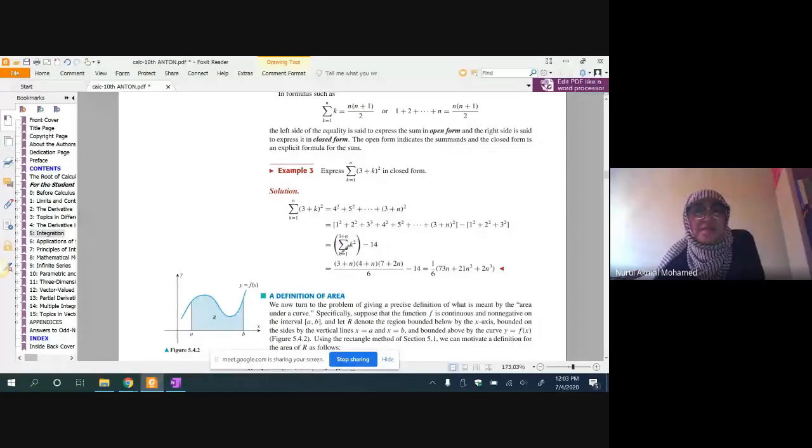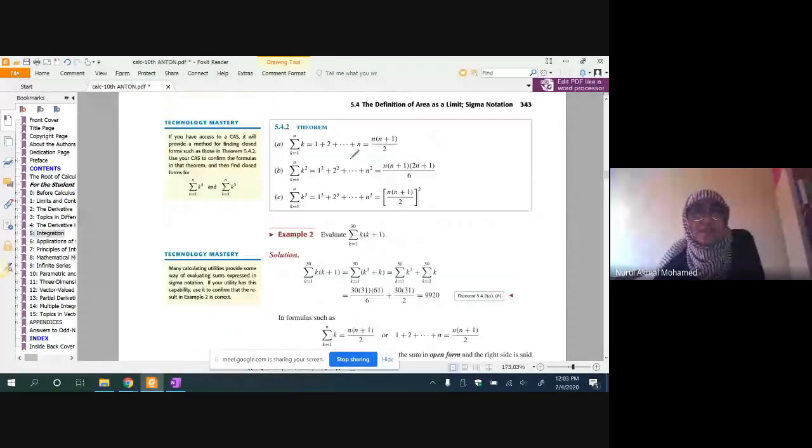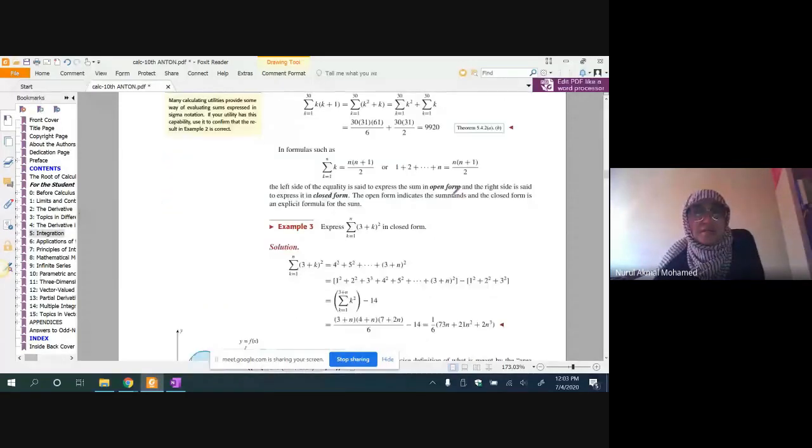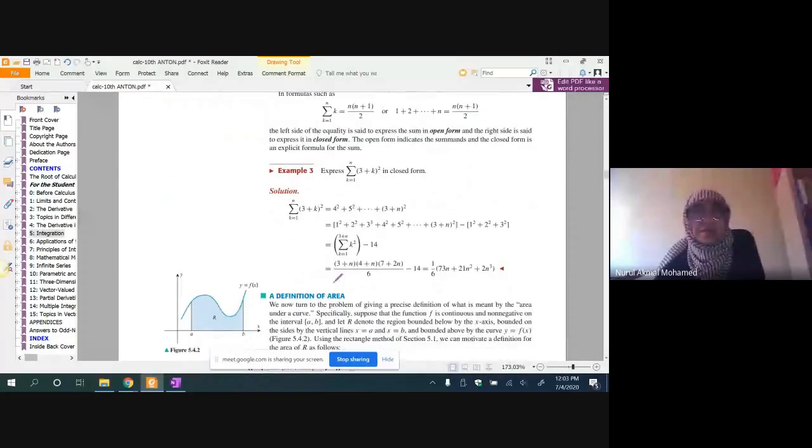And this one here, based on the formula given in this table for k squared, is given by this formula. So you have here 3 plus n because our endpoint is 3 plus n. So 3 plus n multiplied with 4 plus n.